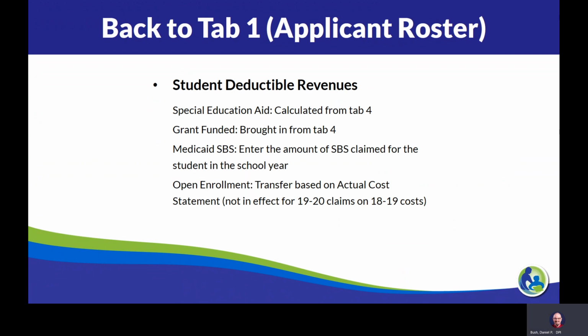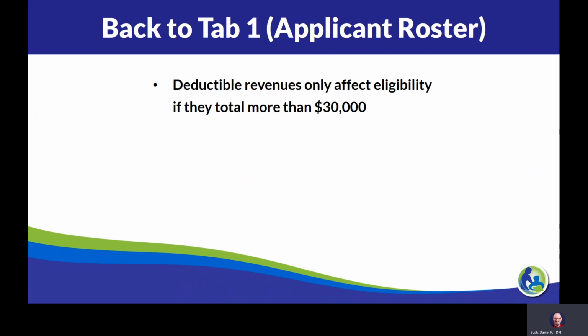The thing about the deductible revenues is they are only going to affect your aid eligibility if they total more than $30,000. And this is another change from the way that we used to administer high cost. Under the old claim system, your grant funded costs could be part of getting to that $30,000 threshold, but your state special ed categorical aid and your Medicaid came off of the top.